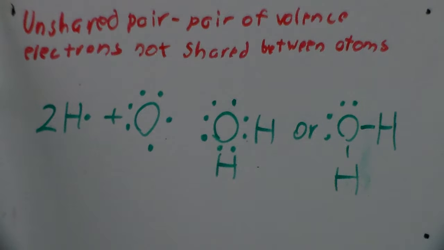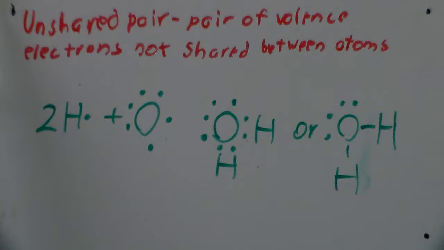An unshared pair of electrons is a pair of valence electrons that are not shared between atoms. In the example, you can see two hydrogen atoms and one oxygen atom, and you have two pairs of unshared electrons on the oxygen that you cannot distribute to the hydrogen.